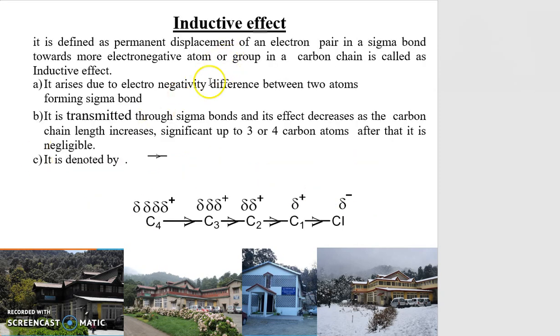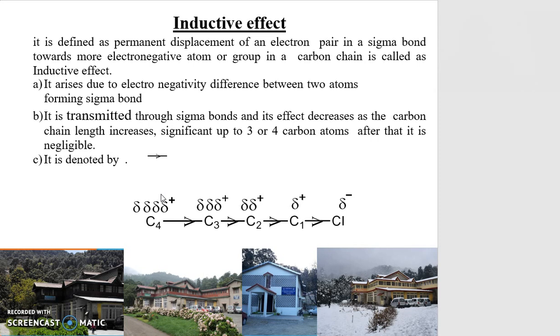Now you can see the inductive effect. Inductive effect is defined as the permanent displacement of an electron pair in a sigma bond toward a more electronegative atom or group in a carbon chain. It arises due to the electronegativity difference between two atoms forming a sigma bond.